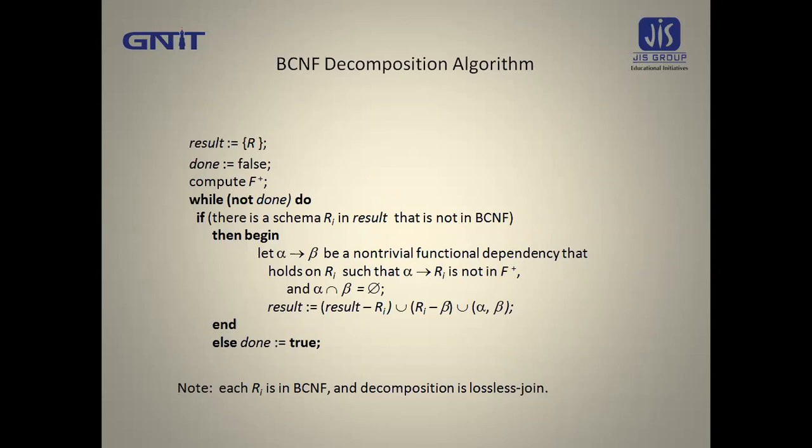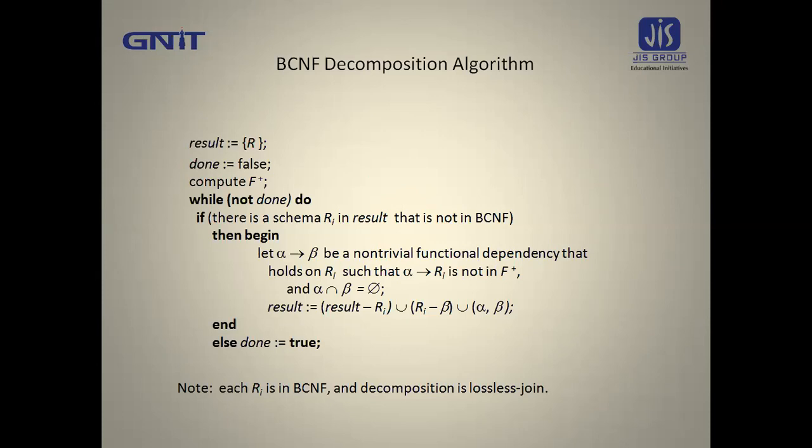So moving forward, this is the same algorithm just written in pseudocode. We are taking a variable result, and we are initializing that variable with the given relation R. We're checking one variable, done, equal to false.